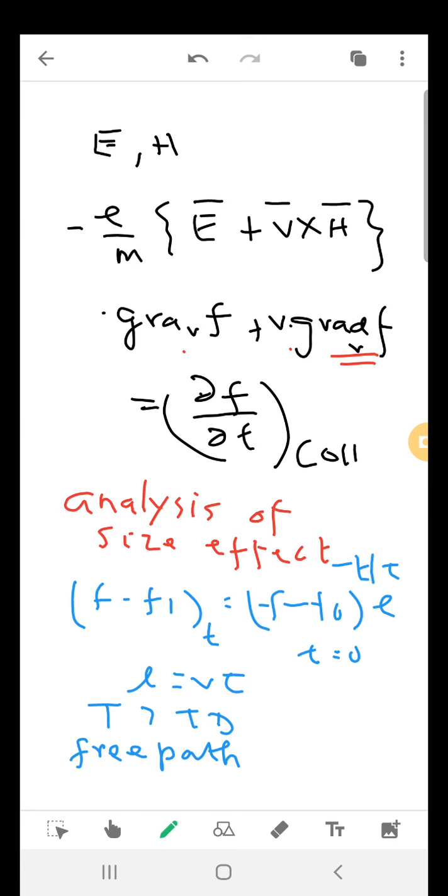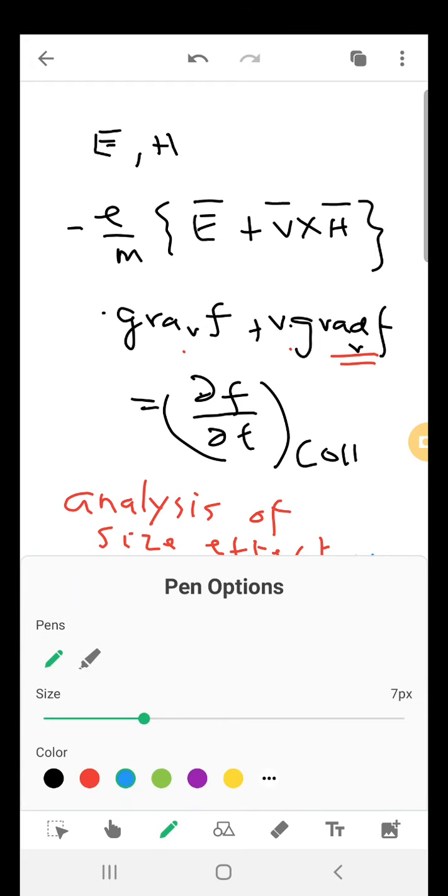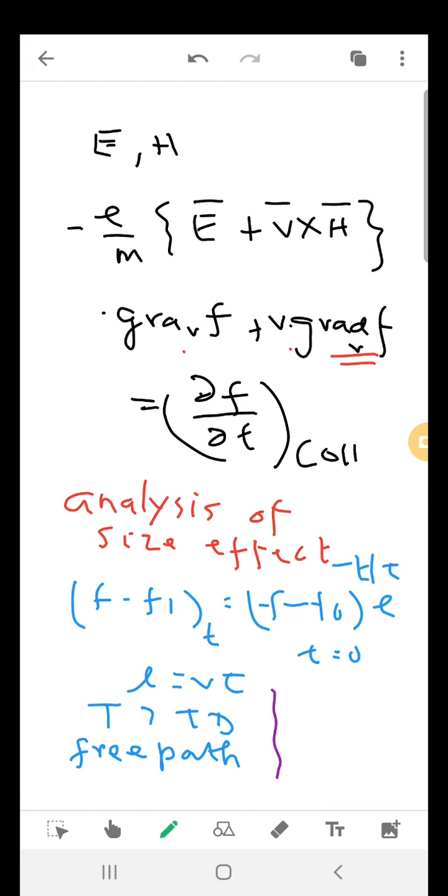So the impurity atoms and lattice vibrations are to be considered while considering the free path of the electrons.